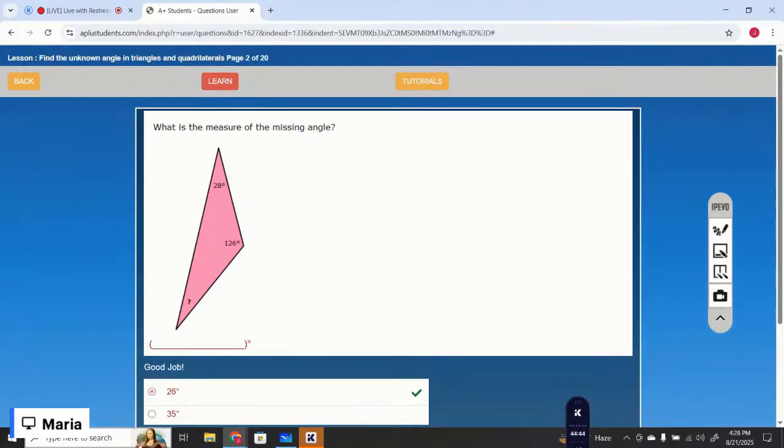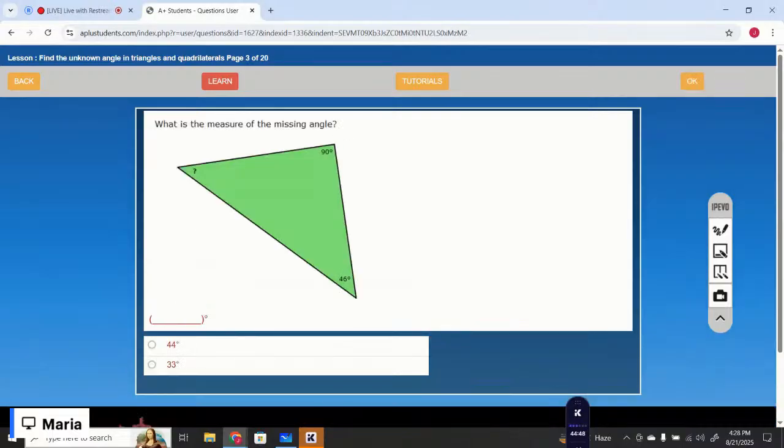Okay, find the missing angle. So again, that is a three-sided shape. So the sum of the angles in a three-sided shape must be 180.